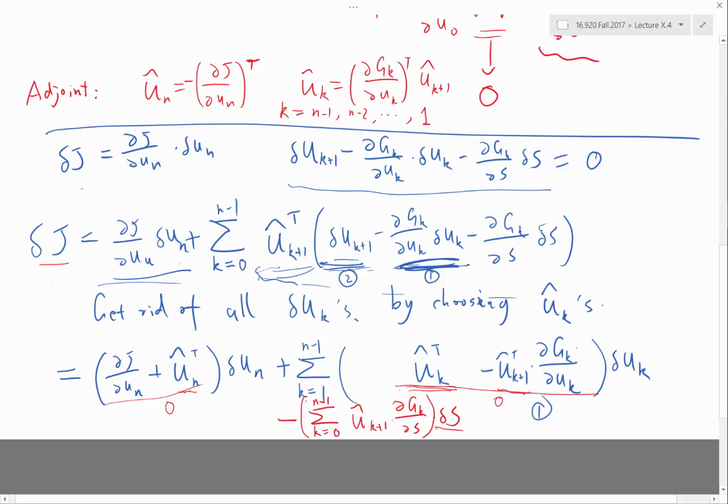You could have multiple solutions to this equation, as a matter of fact. I can have multiple delta S's, and for all of these delta S's the blue terms disappear. That's the goal. The goal is for whatever delta S I have, I would get to the red formula, right? So that makes it important for all the delta u_k's to disappear no matter what their values are.